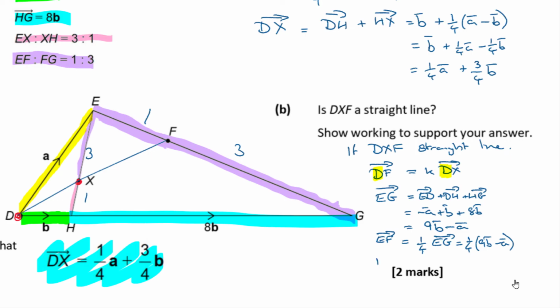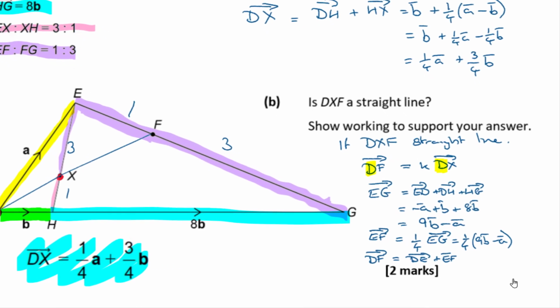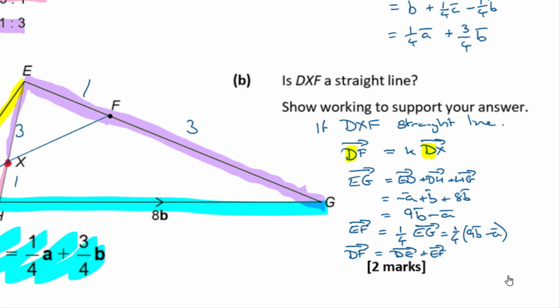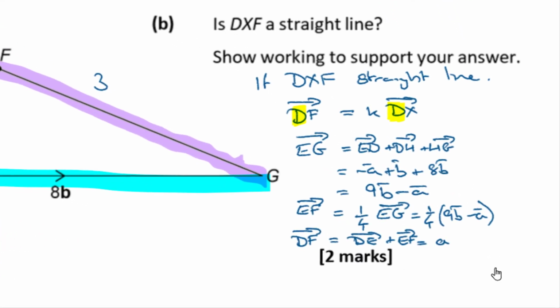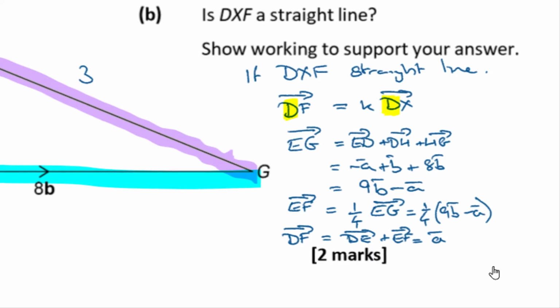So then d to f, that is going to be d to e plus e to f. Have I got space to do this? I think so. D to e is a, and e to f is a quarter of 9b minus a.